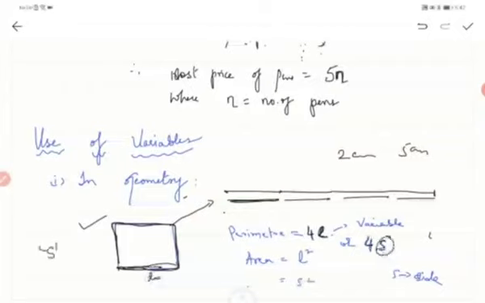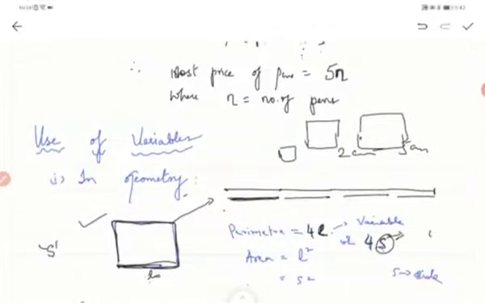It's a variable, right? Why is it a variable? Because it can be anything. It can be a square of 1 centimeter, 2 centimeter, 3 centimeter, 4 centimeter, and so on. So this length of the side of the square is a variable. It can hold any kind of value.